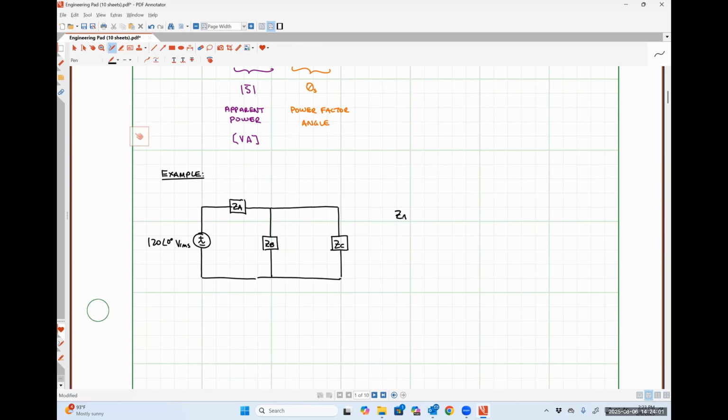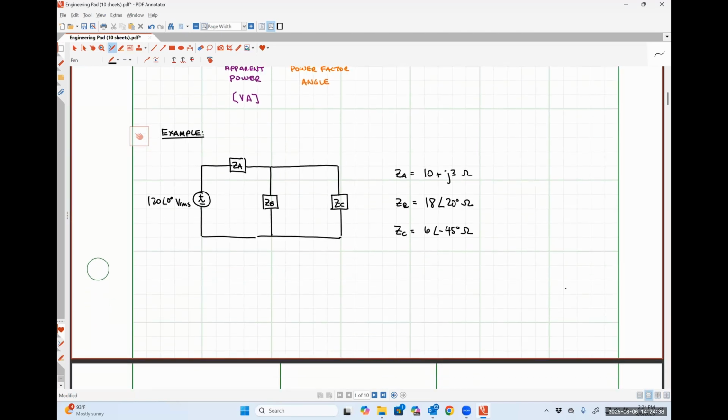Let's say that ZA is equal to 10 plus j3 ohms, ZB is equal to 18 angle 20 degrees ohms, and ZC is equal to 6 angle minus 45 degrees ohms.